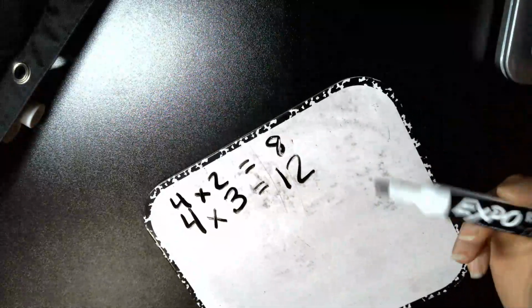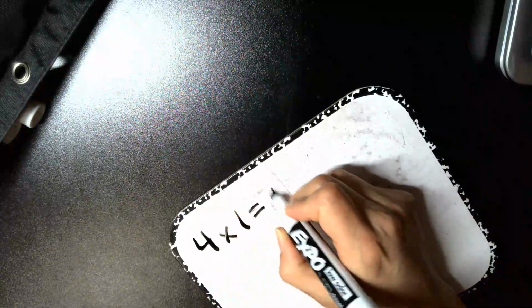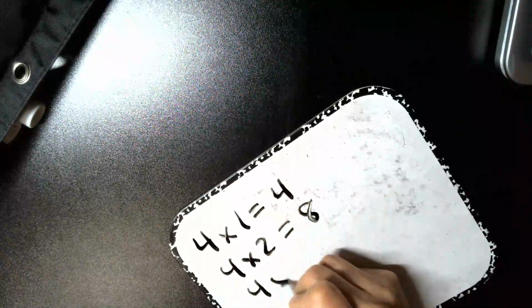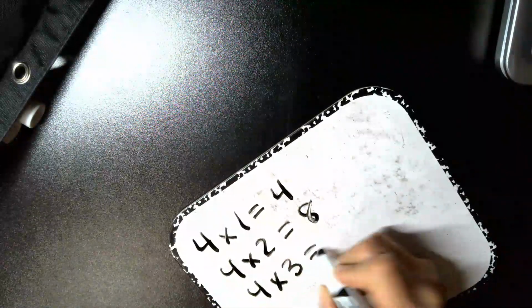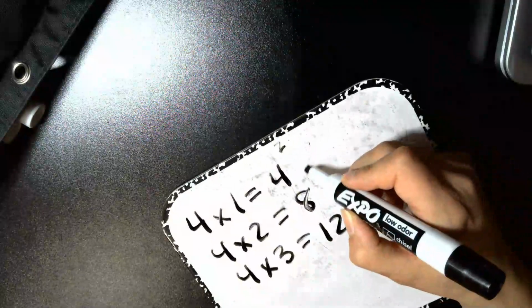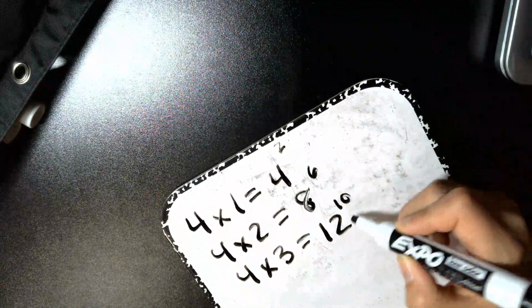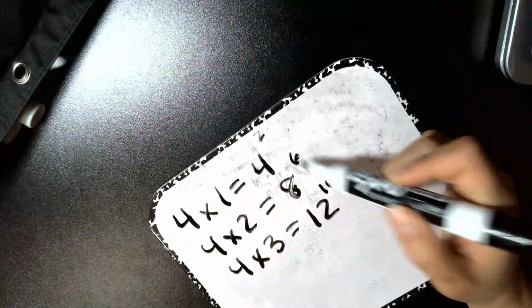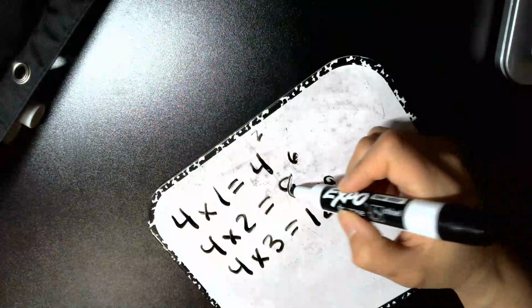I'm going to show you. It's like doing 4 times 1 equals 4, 4 times 2 equals 8, and 4 times 3 equals 12. So it's like doing 2, 4, 6, 8, 10, and 12, but it's skipping one of the numbers. See, skip the 2 here, the 6 here, the 10 there. So it's just 4, 8, 12.